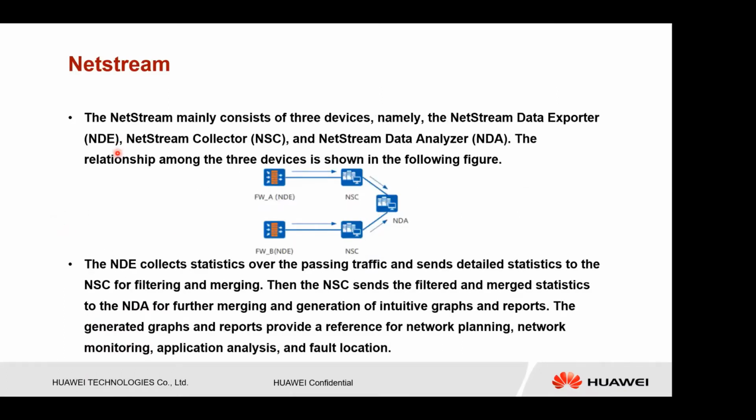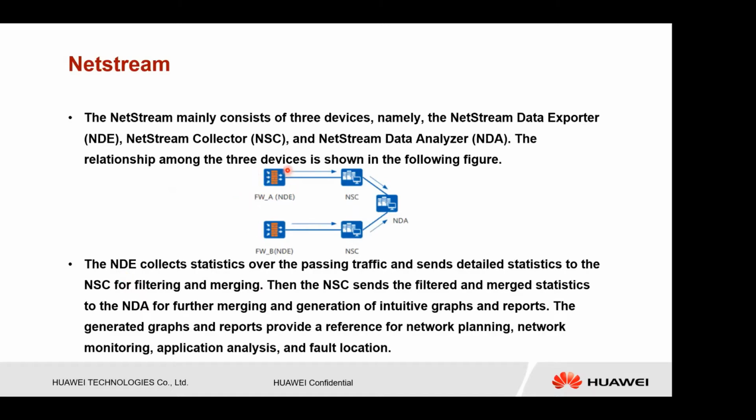NetStream consists of 3 devices: the data exporter, the collector, and the data analyzer, which are the NDE, NSE, and NDA. This figure below shows the NDE, NSE, and NDA. The NDE will collect statistics over the passing traffic.